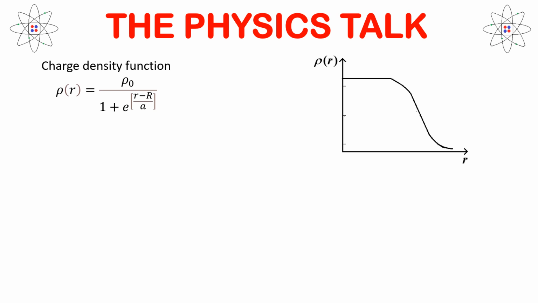This uniform maximum density in the interior is termed rho 0. The distance from the center to a point where the nucleon density falls to half of its maximum value, that is half of rho 0, is called the nuclear radius, represented by capital R in the expression.